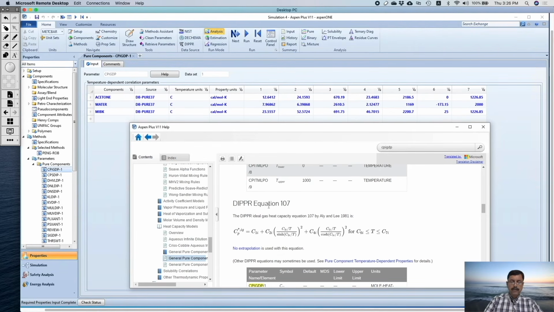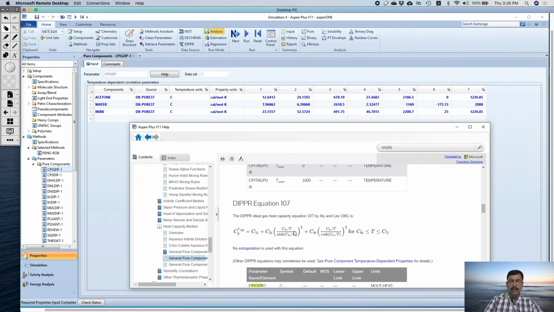If you put the values of C1 to C5 in this equation, that means when you are talking about acetone, you put C1 is equal to 12.6412, C2 you put 24.1593, C3 you put 670.19, C4 you put 23.4683, and C5 you put 2186.5.